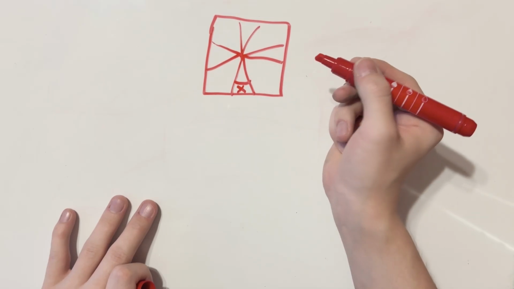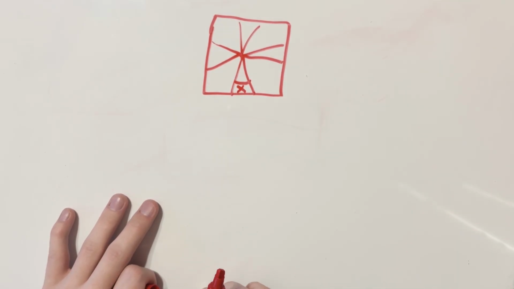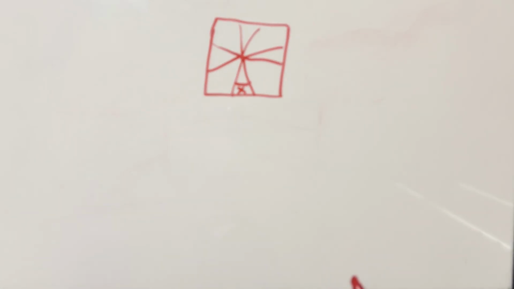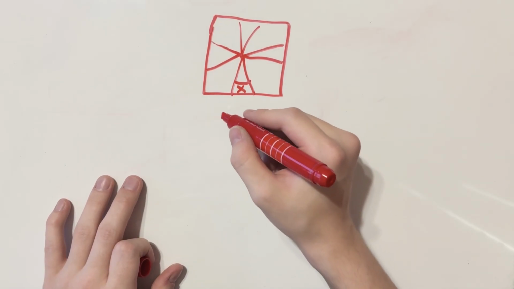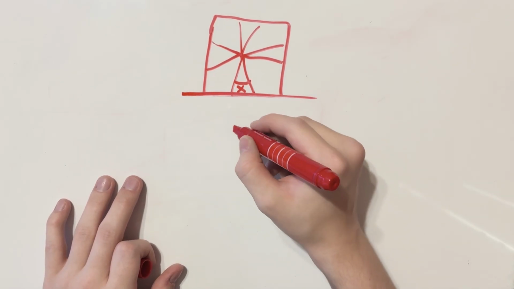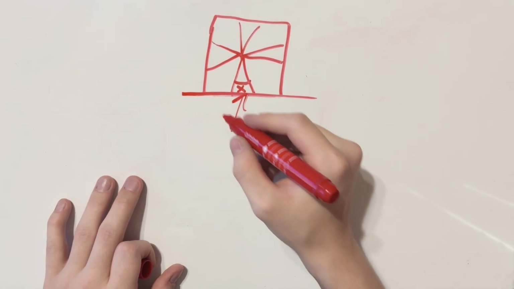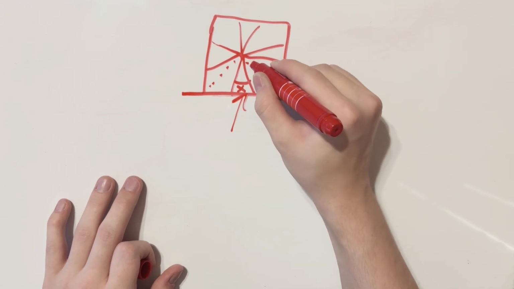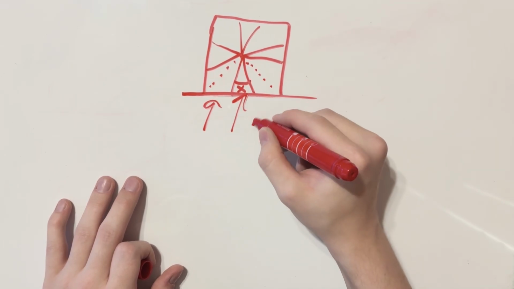Whatever this angle is here. We know that on a square one, each face has one edge and two halves of corners.